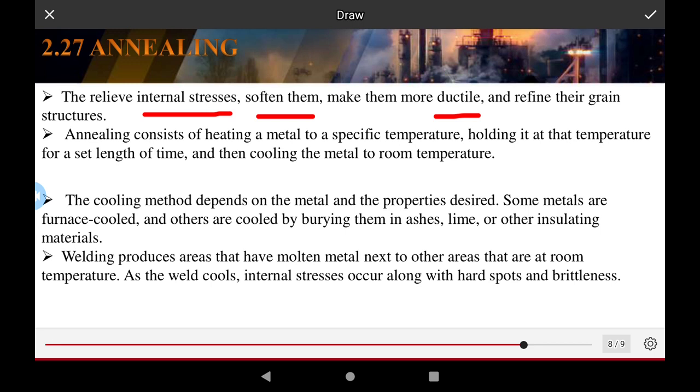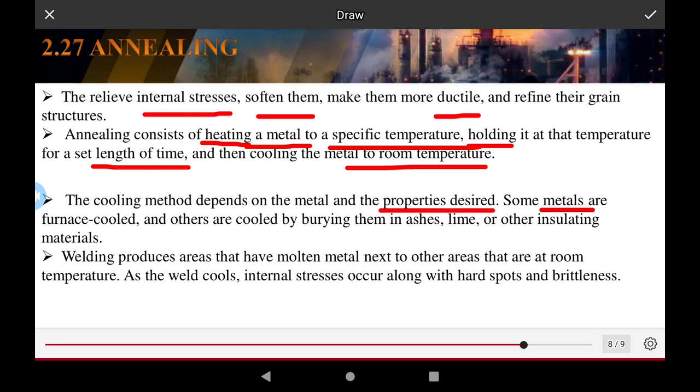The annealing process consists of heating a metal to a specific temperature, holding it at that temperature for a set length of time, and then cooling the metal to room temperature. The cooling method depends on the metal and the properties desired.